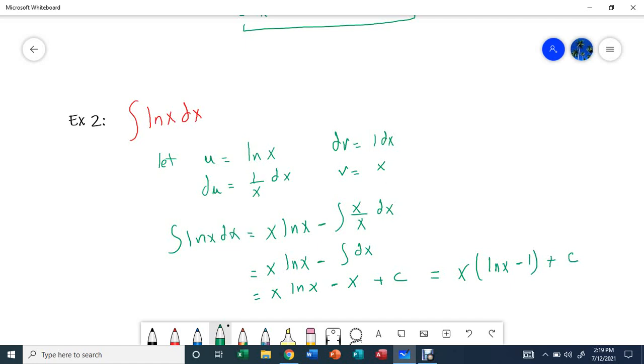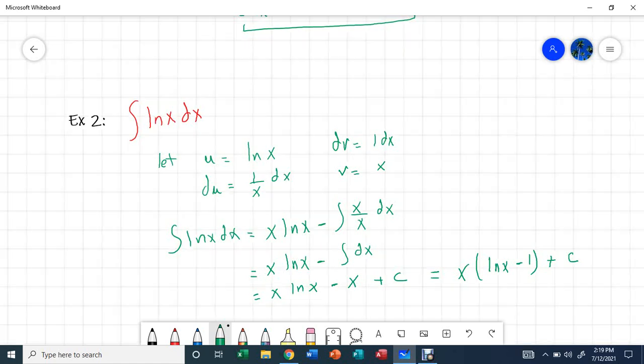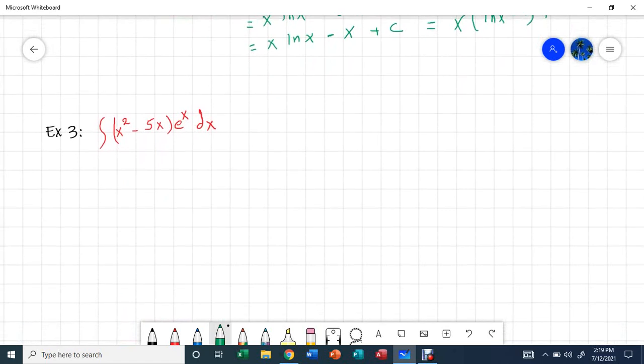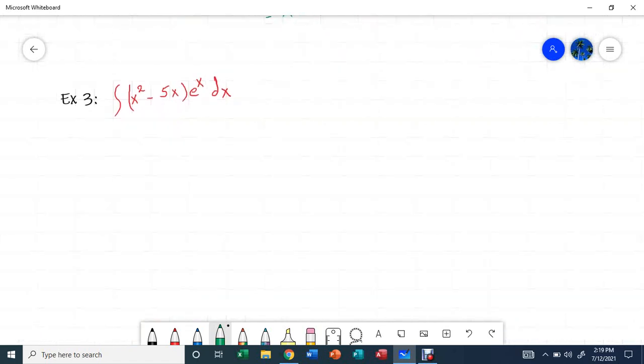So let's do one last example. In this case, we're gonna do integration by parts twice. We're evaluating the integral of x squared minus 5x, the whole thing times e to the x dx. So I'm gonna let u equal the first part, x squared minus 5x.